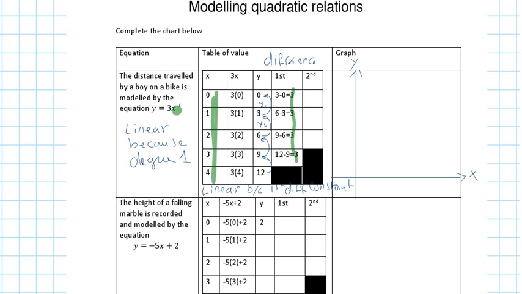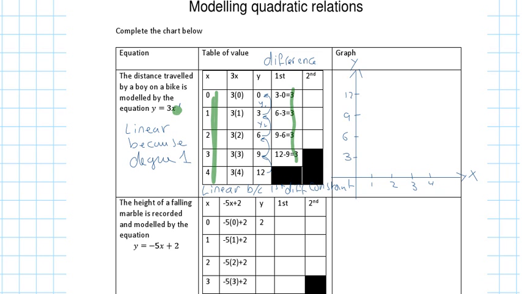Okay? So the x points are 0, 1, 2, 3, 4, and the y points are 0, 3, 6, 9, 12. Now this is not going to be too accurate because I don't have the grid here. I'm going up by 3 on the y value, and I'm going up by 1 on the x axis.